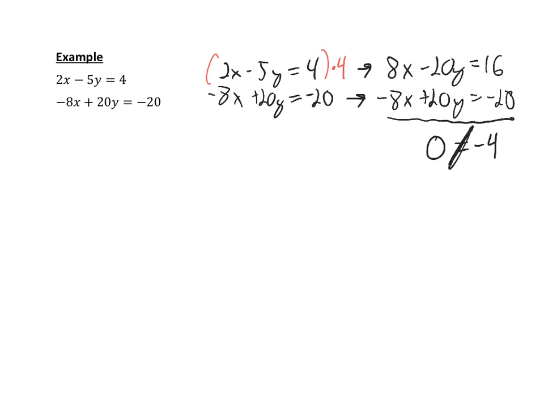This system will actually be two lines that never intersect. They are actually parallel lines, and we call this system inconsistent. If you cannot find an answer to the system of equations, if you get 0 equals some number that is not 0, there is no solution to this system of equations.